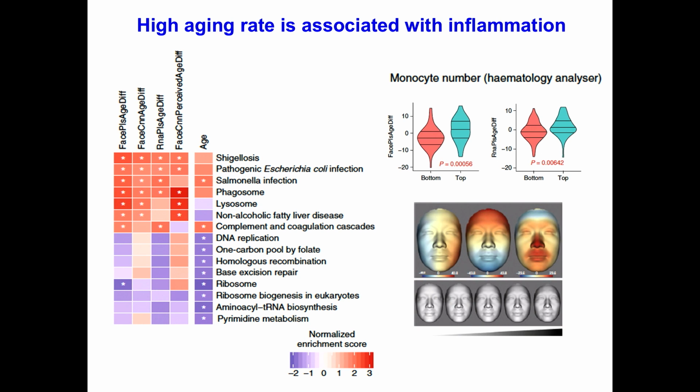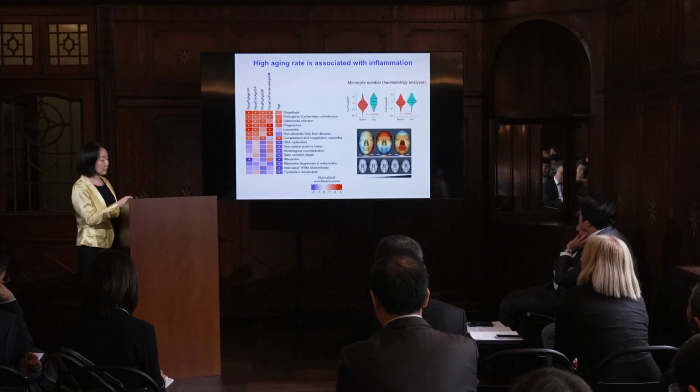We found that monocyte count in the blood is significantly associated with both accelerated facial aging and accelerated blood aging.